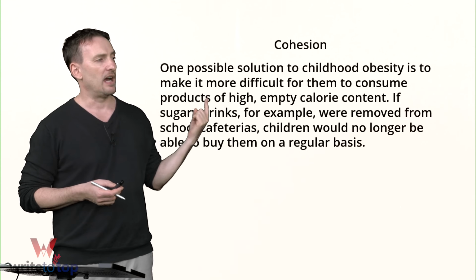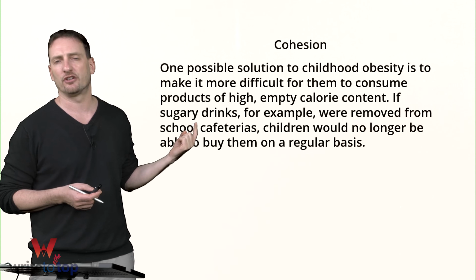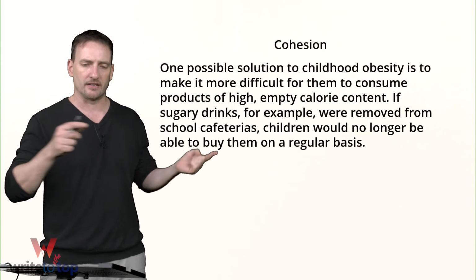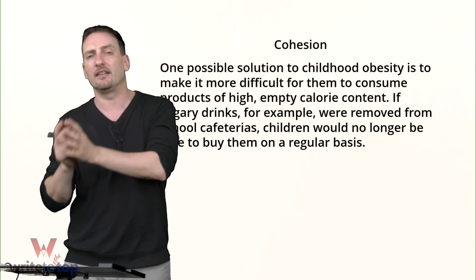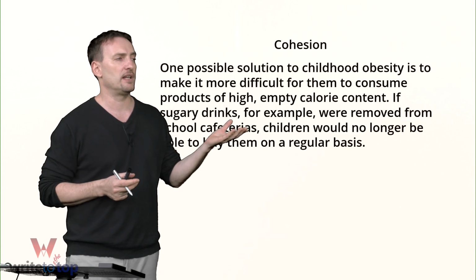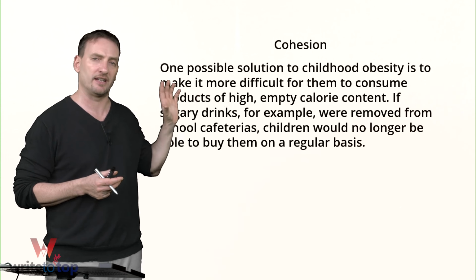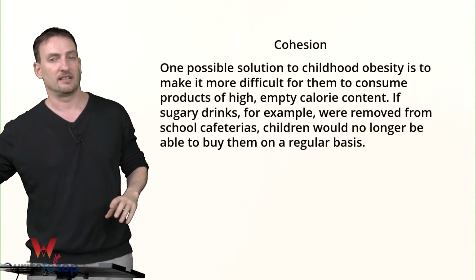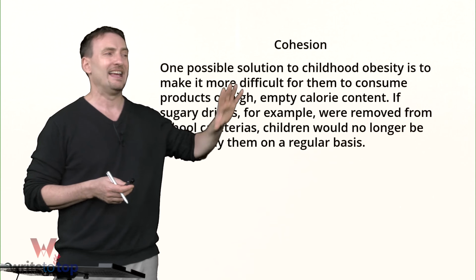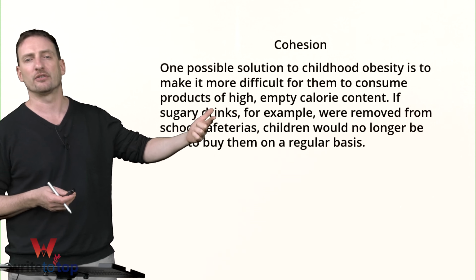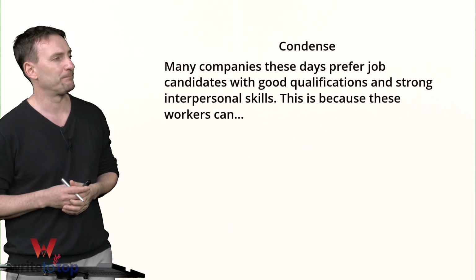So right away, I end with products of high calorie content, and I begin with sugary drinks. Right away, there's a very clear, cohesive link between one idea and the next. And how did I do that? Just by moving it into a passive form and putting the drinks as the subject instead of the schools, because the schools are not important. The drinks are important. And this will get you a higher score on the cohesion and coherence category of the scoring.